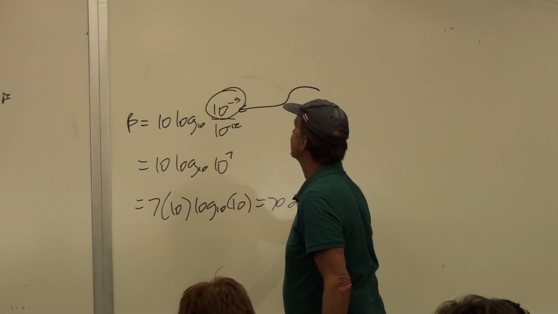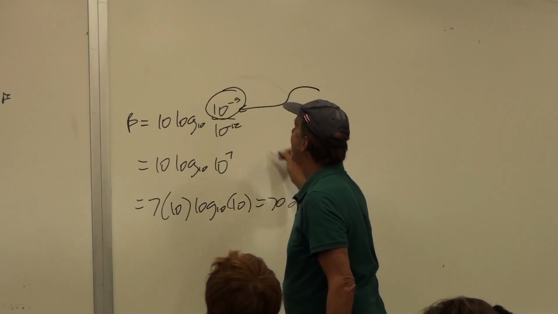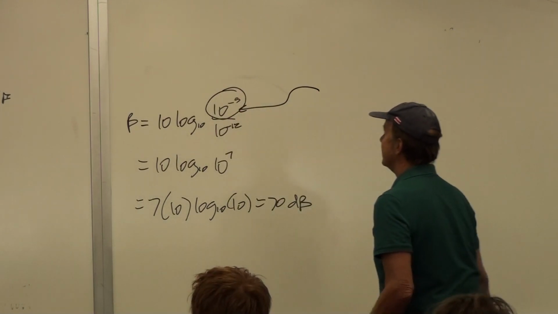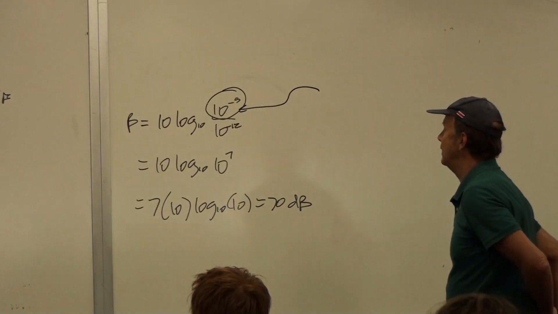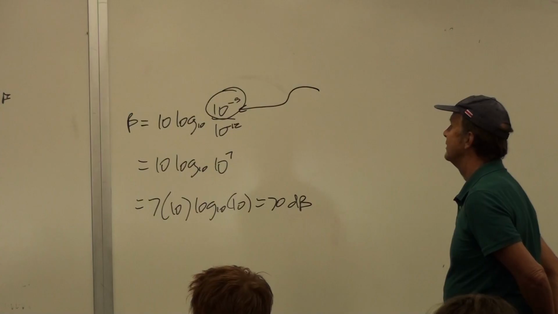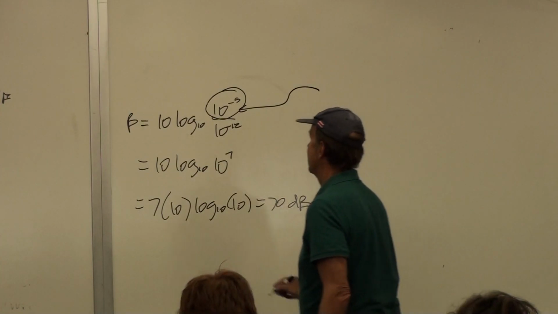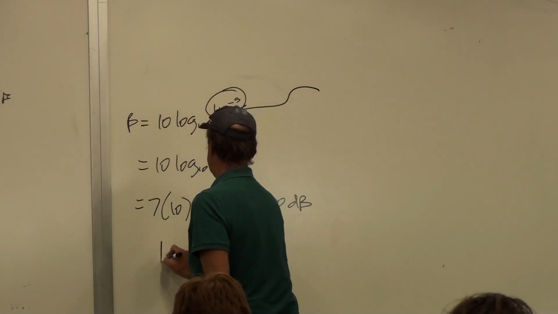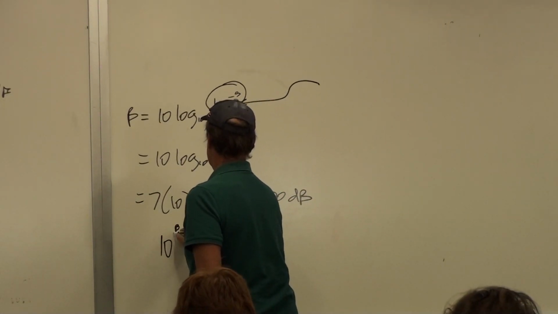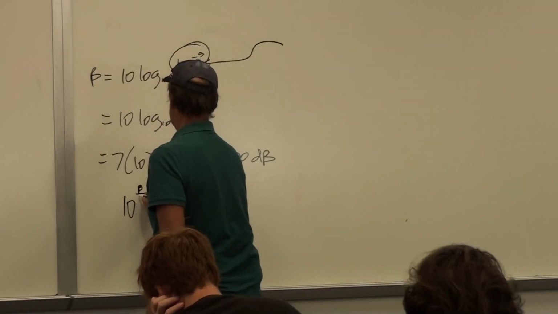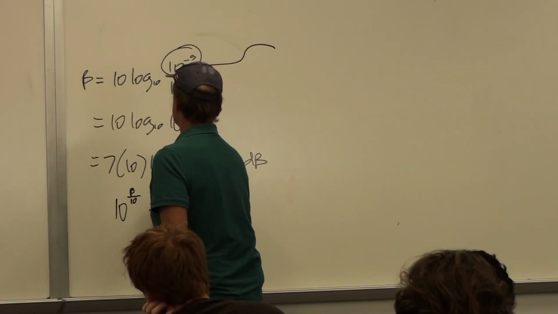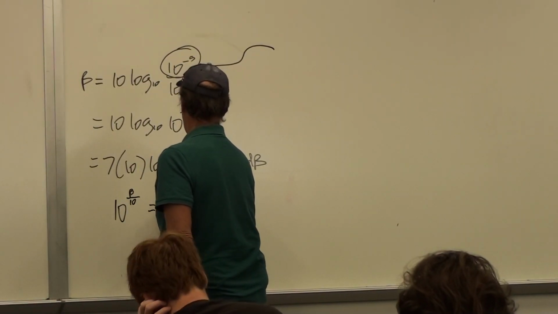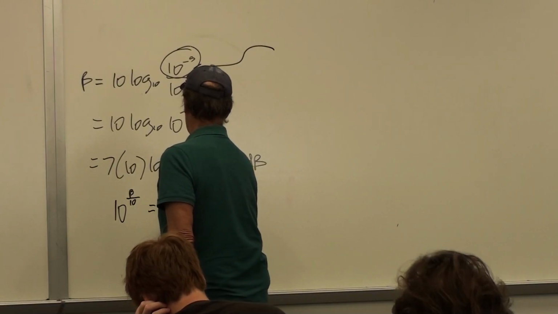But you could easily work this around the other way, and solve for the intensity, and you get 10 to the minus 5. You get something like 10 to the beta over 10 is equal to I over 10 to the minus 12.